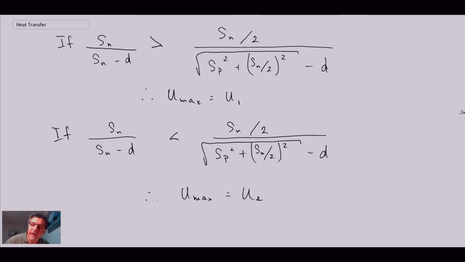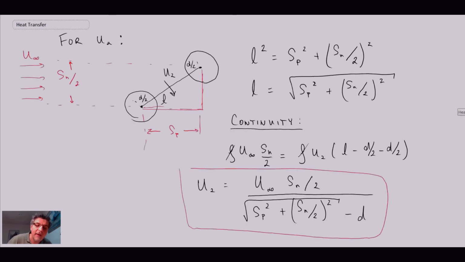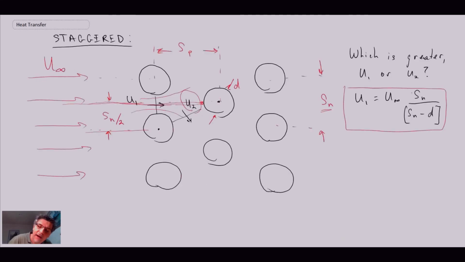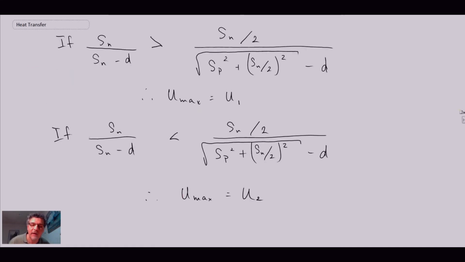And all I'm doing here is taking the term that is multiplying U infinity and comparing it. So that term, or looking back, this term. So I'm taking those and doing a comparison between them, seeing which is greater, and that enables us to determine Umax. And once you have Umax, then you can evaluate Reynolds number based on diameter at the max velocity, which is required in order to determine the convective heat transfer coefficient within the tube bundle. So that is the way that we determine Umax in the tube bundle.